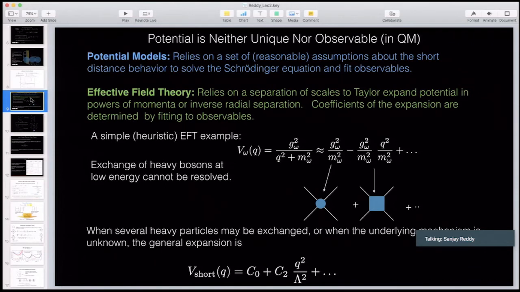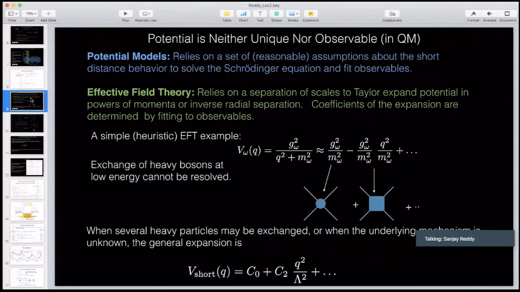We don't know what that scale is a priori. But if we found that most of the heavier particle exchanges were around 800 MeV to a GeV, say for nucleons, then we can assume that the scale lambda will be of order 800 MeV. But we don't know that a priori.